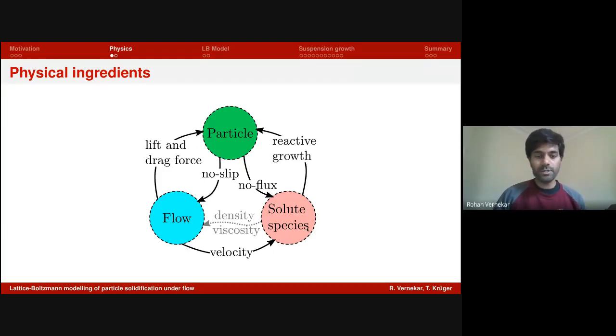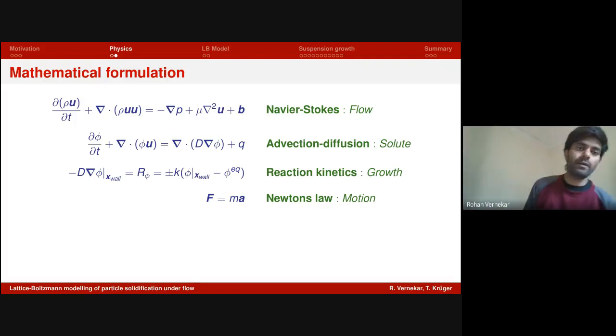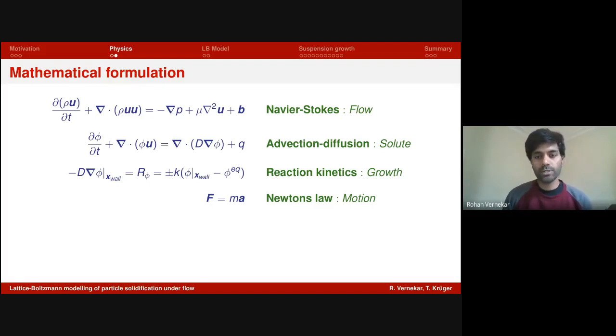Now, this is an assumption, and it comes from the fact that our solution is going to be dilute. This means that the density and viscosity of the fluid is not going to change due to the concentration. So using this picture, we now have these 4 equations to solve for our model. The first is the standard incompressible Navier-Stokes equation. The second one is the advection-diffusion equation.